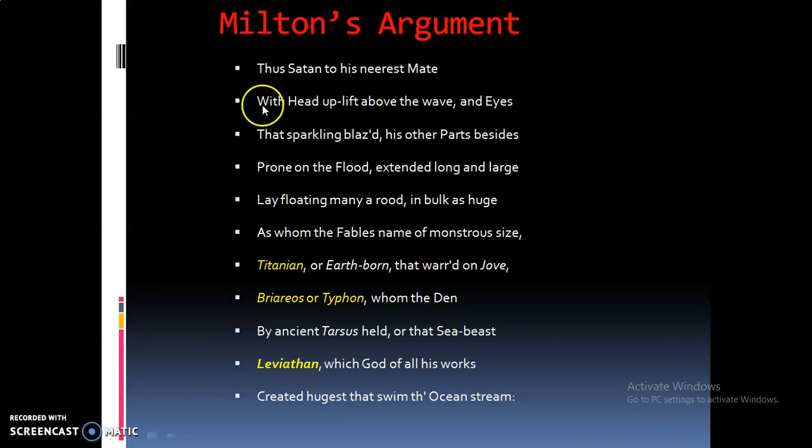Thus Satan to his nearest mate, with head uplift above the wave and eyes that sparkling blazed, his other parts beside.